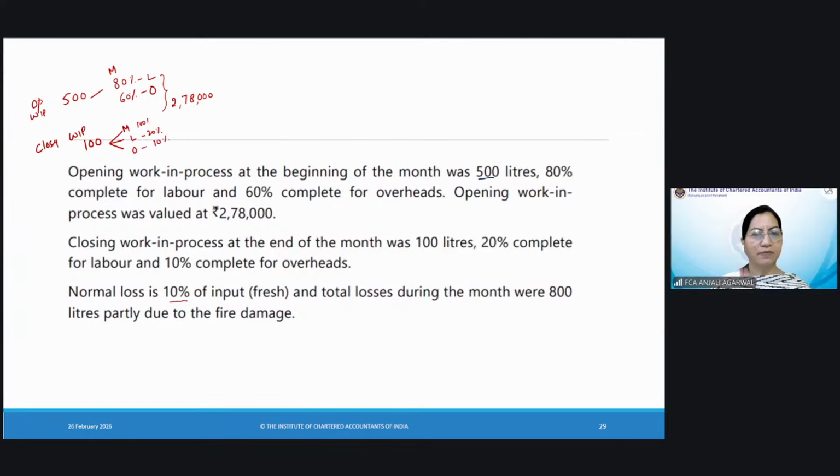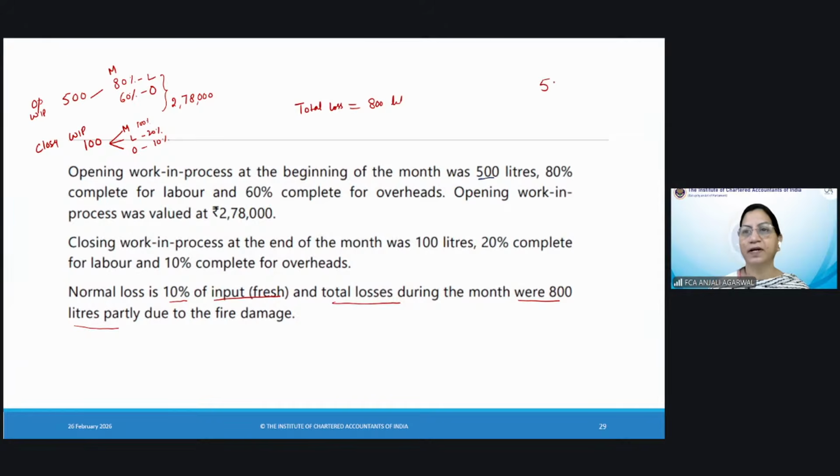Normal loss is 10% of input, fresh input. So not the total, only whatever you have input fresh. And the total losses during the month were 800 liters, partly due to fire damage. Total loss 800 liters. Okay.